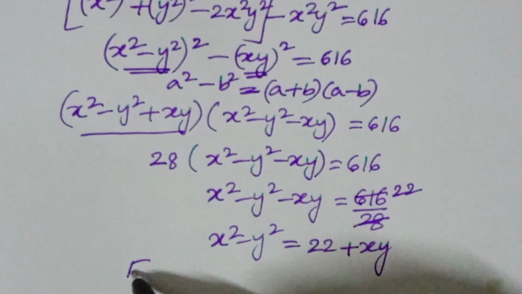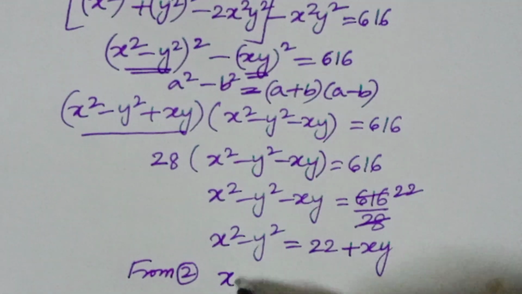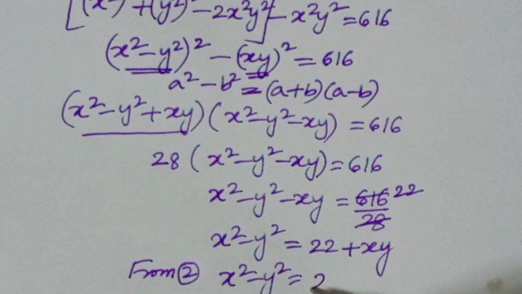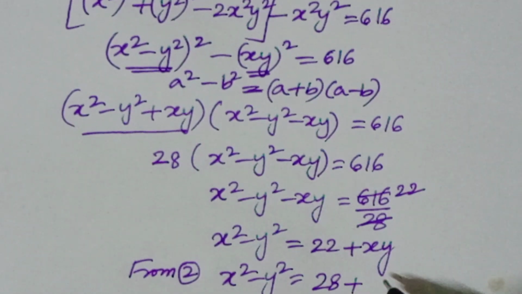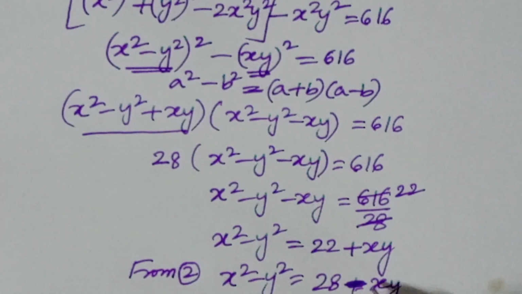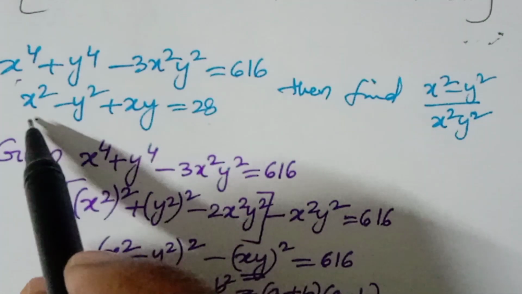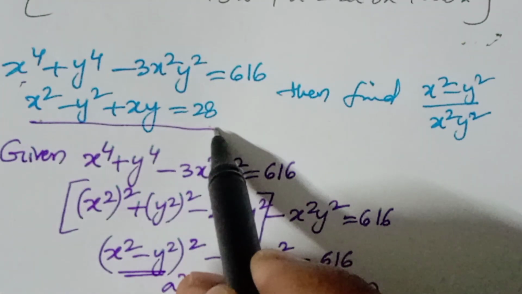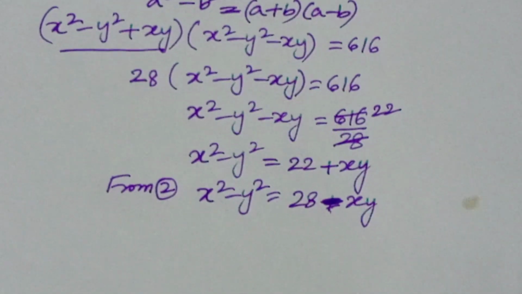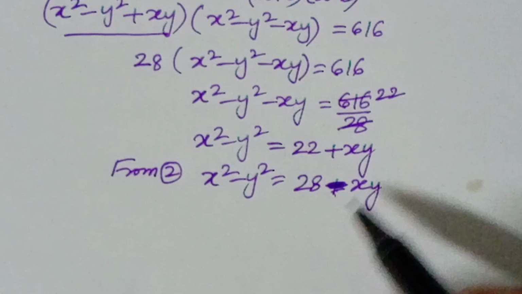Okay, now from the second equation, see what is given: x squared minus y squared plus xy is equal to 28. From this you can get x squared minus y squared is equal to 28 minus xy.